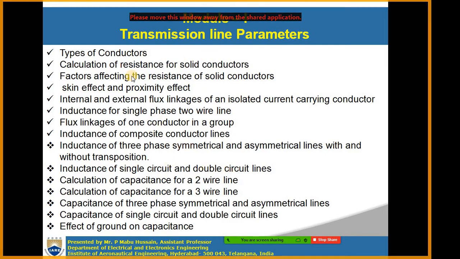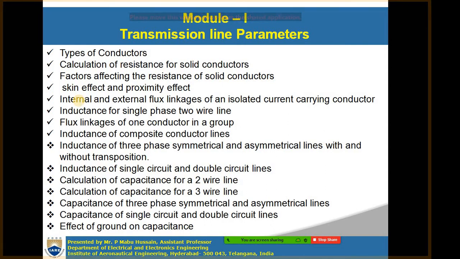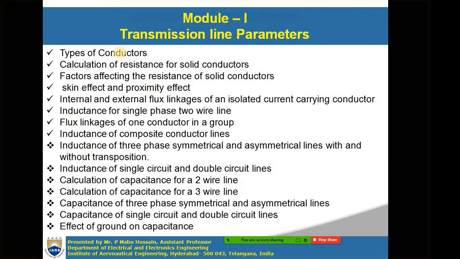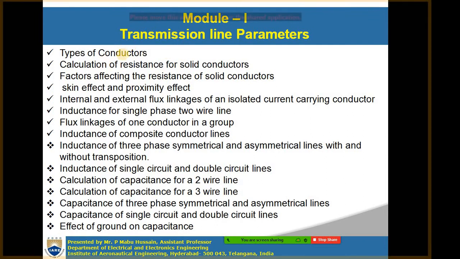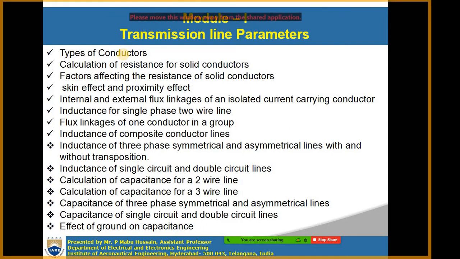Till now the tick-marked topics are covered: types of conductors, calculation of resistance for solid conductors, factors affecting the resistance of solid conductors, skin effect, proximity effect, internal and external flux linkages of an isolated current carrying conductor, inductance for single phase two wire line, flux linkages of one conductor in a group, and inductance of composite conductor lines. Up to this we were covered, right?